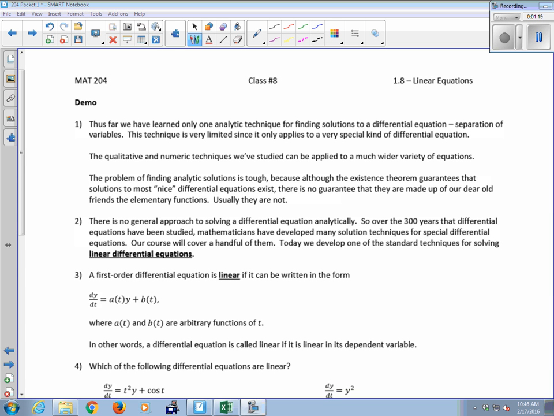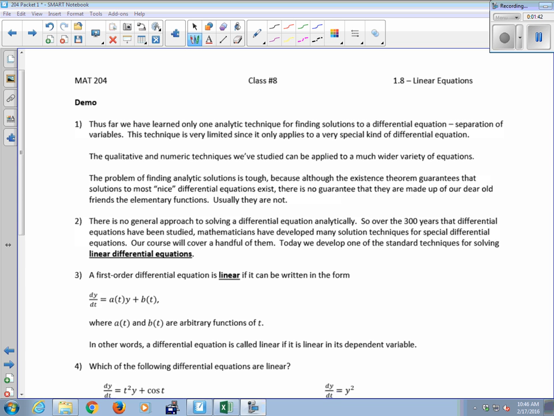Usually they're much crazier than that. There is no one general approach to solving a differential equation analytically. So over the 300 years that differential equations have been studied, mathematicians have developed many solution techniques that can be applied to just special classes of differential equations. In our course, we're going to cover a handful of those special techniques.